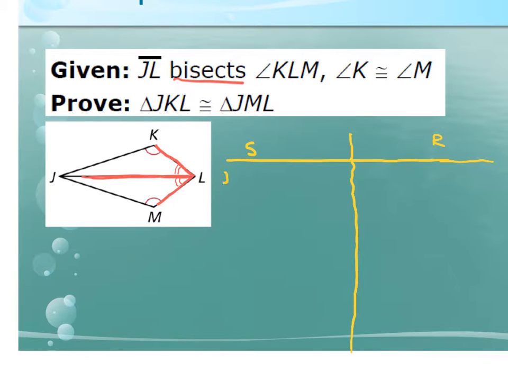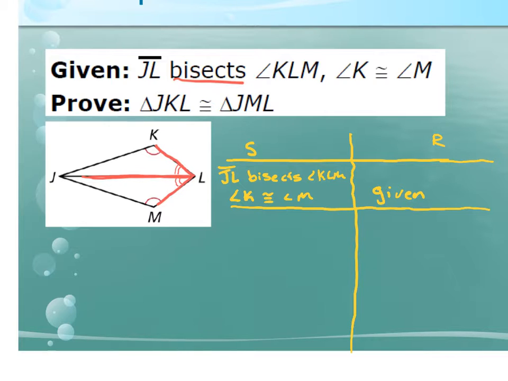Let's write our givens. JL bisects angle KLM. Now remember, you guys told me about that in plain English. We're going to need to turn that into nerd speak in a second. All right, that was given. Beyond that, now we have to start talking about what things we know.